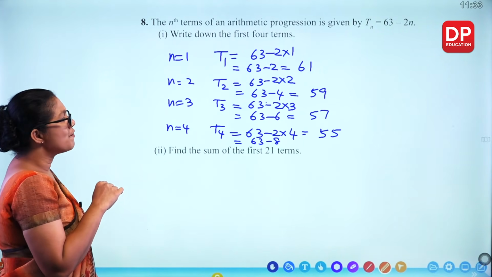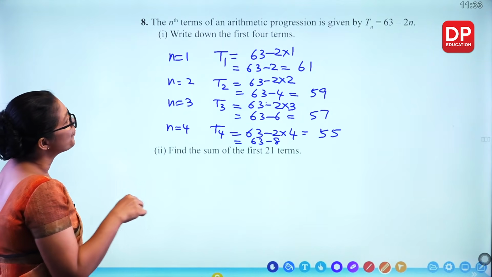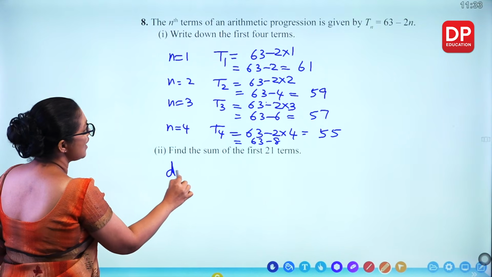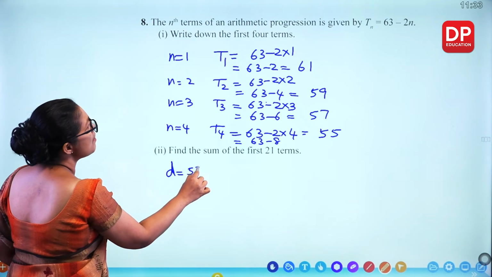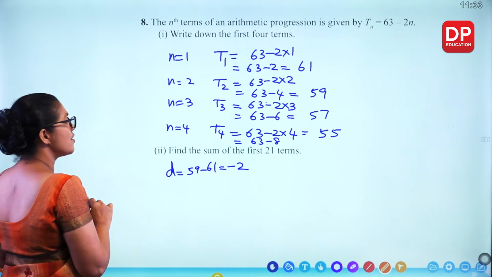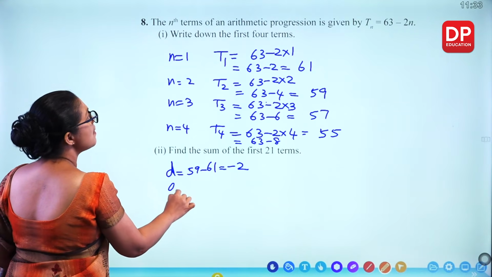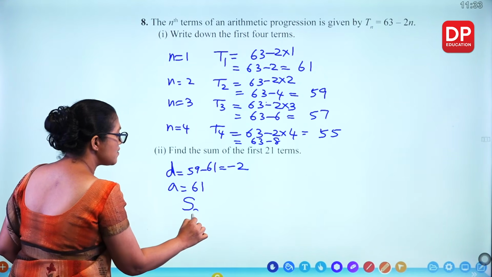Find the sum of the first 21 terms. Now we know from this one, what's the difference? D you can find out easily. 59 minus 61, that's minus 2. You know D and the first term is 61. Find the sum of 21 means S21.